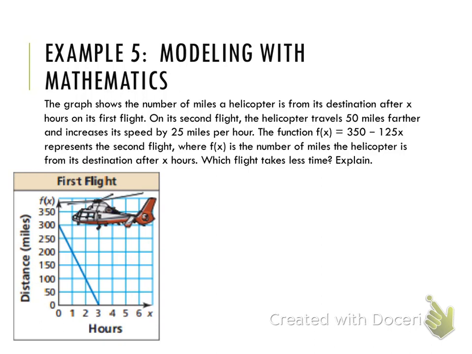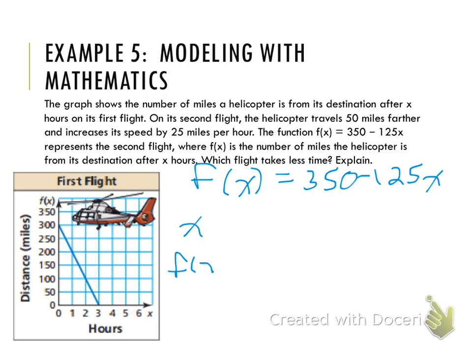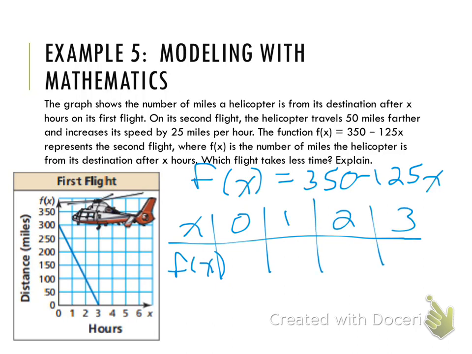So we've got our graph, and now f of x equals 350 minus 125x. I'm just going to make a quick table. This time I'm not going to put any negatives, because we're not going to be flying negative hours. So we'll just have 0, 1, 2, and 3.